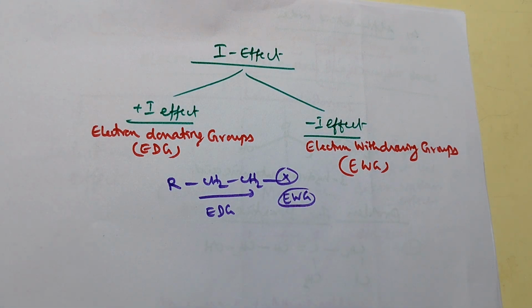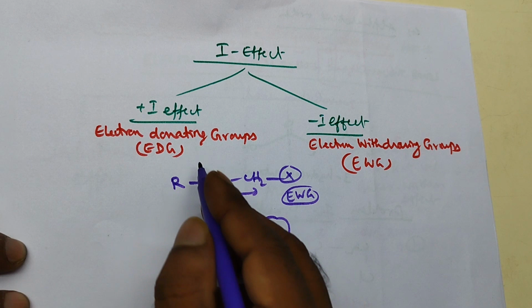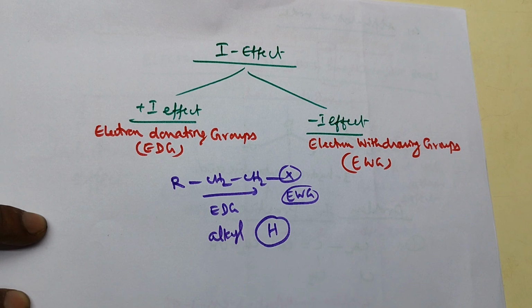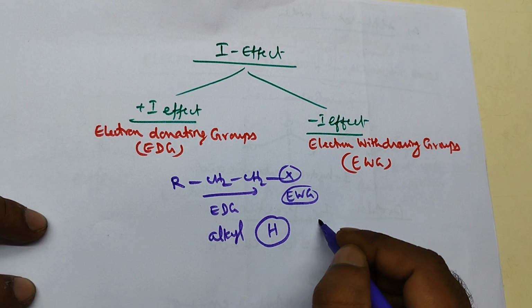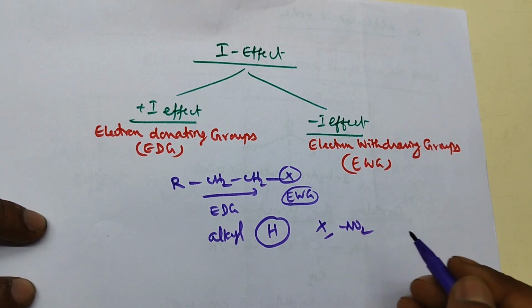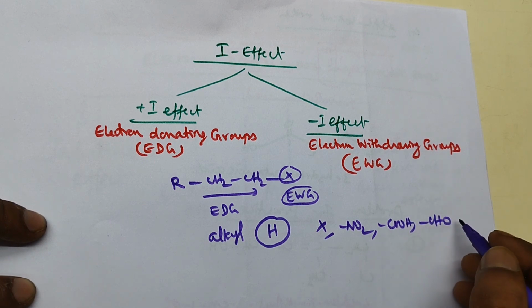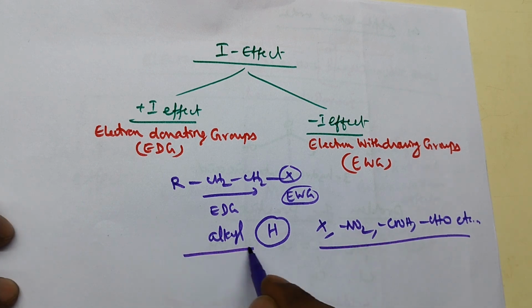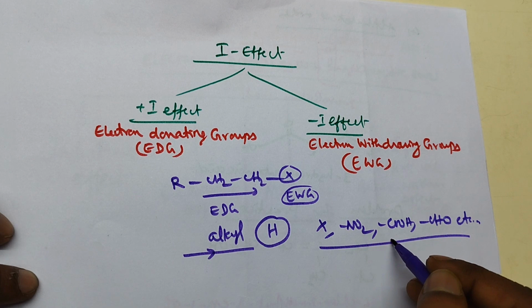With respect to the hydrogen atom, alkyl groups are all electron donating groups. Whereas electron withdrawing groups are not only X; you can think of NO2, nitro groups, COOH, CHO, and so on. These are some of the electron withdrawing groups.